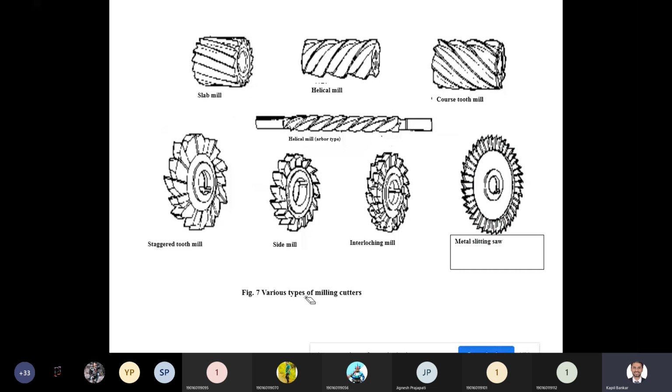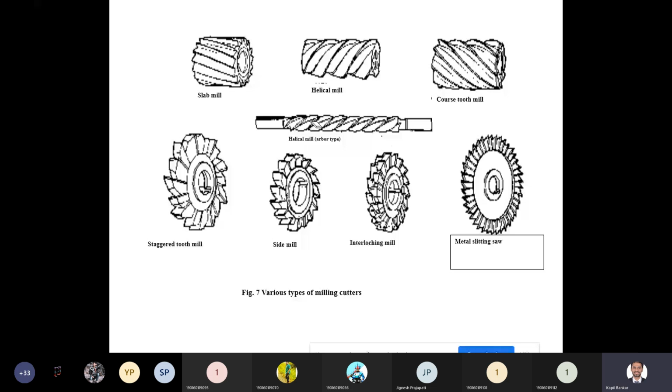Here again are various types of milling cutters. Slab mill. This is a helical mill. This is a coarse tooth mill. This is a helical arbor type mill. Here straight shank is available on both sides. This particular shank can be inserted into the spindle, and this end will be fixed in the yoke.